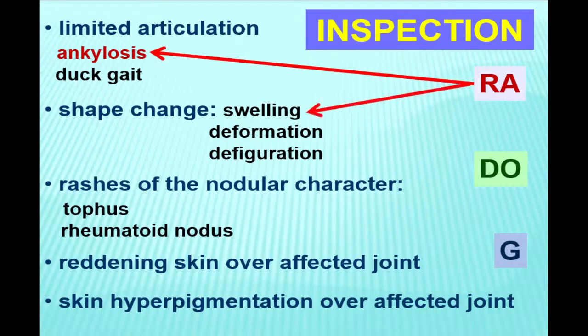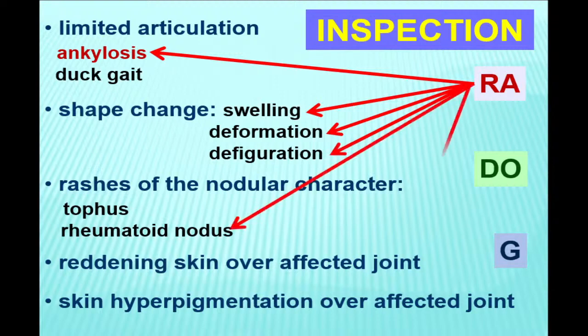Rheumatoid arthritis is characterized by early ankylosis, with limited active and passive movement. During exacerbation of the disease, joints become swollen, the skin over the affected joint is reddish and hot on touching, and we can see hyperpigmentation. I told you it is a bad prognosis for the patient.